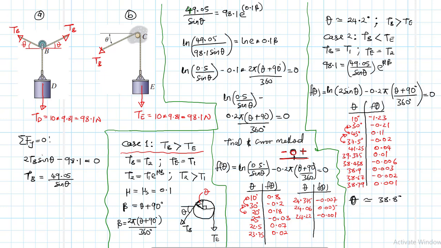This case was TB assumed is less than TE. So when you look at the two, you realize that theta minimum that you can have there is 24.2 degrees, and the theta maximum, that is what they asked us to find, is about 38.8 degrees.